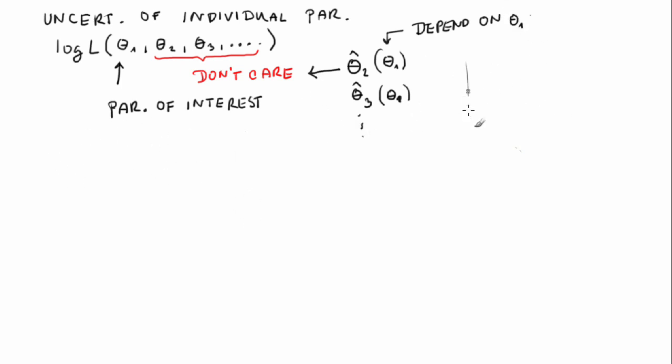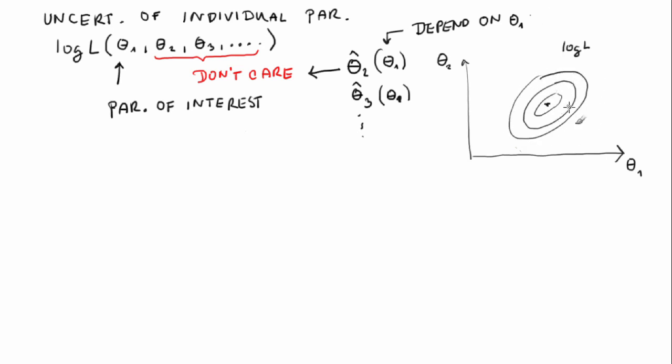To take this fact into account, we typically build a one-dimensional likelihood, a function of our parameter of interest, in the following way. For each value of our parameter of interest, the value of the one-dimensional likelihood is the maximum of the n-1-dimensional likelihood that is treated as a function of the remaining model parameters.